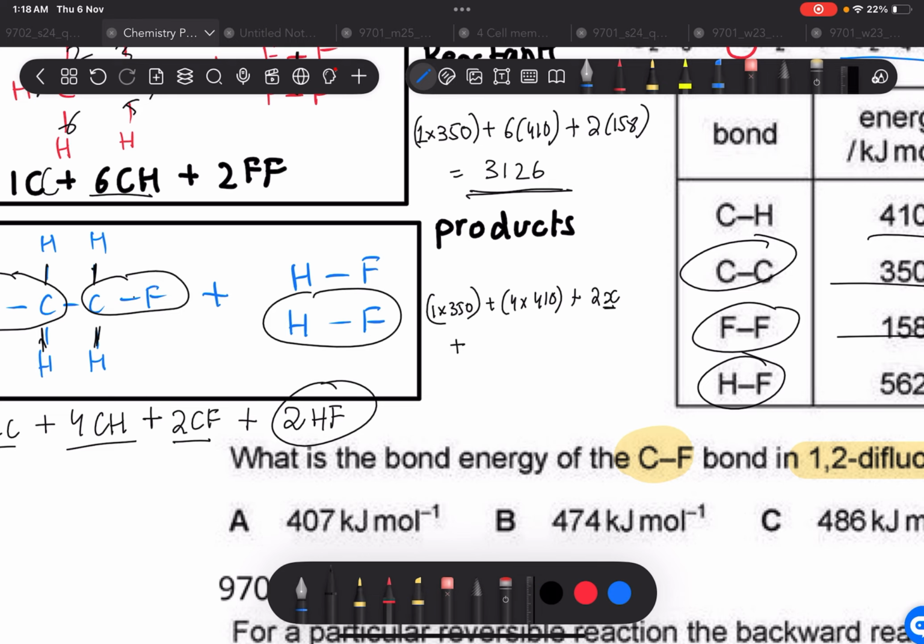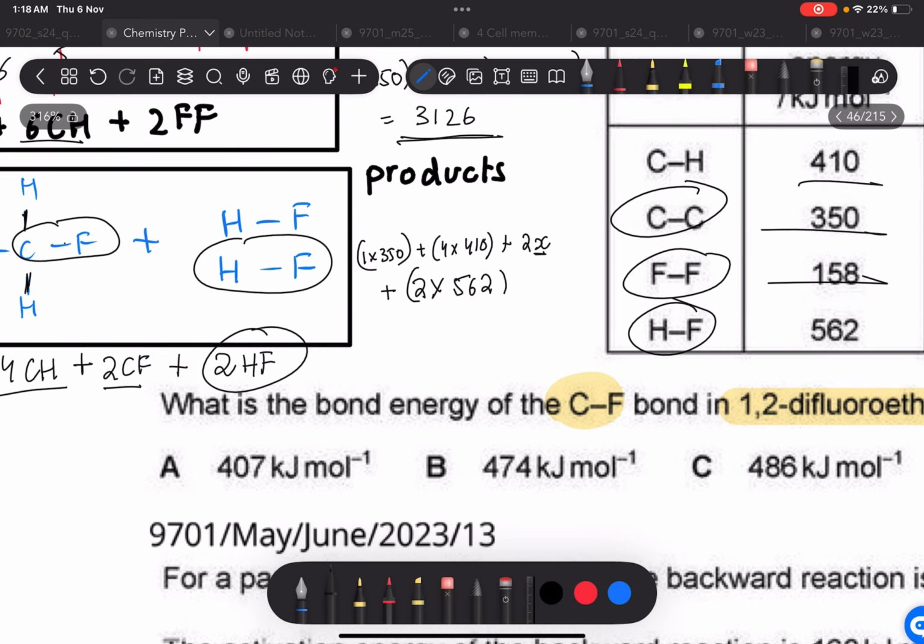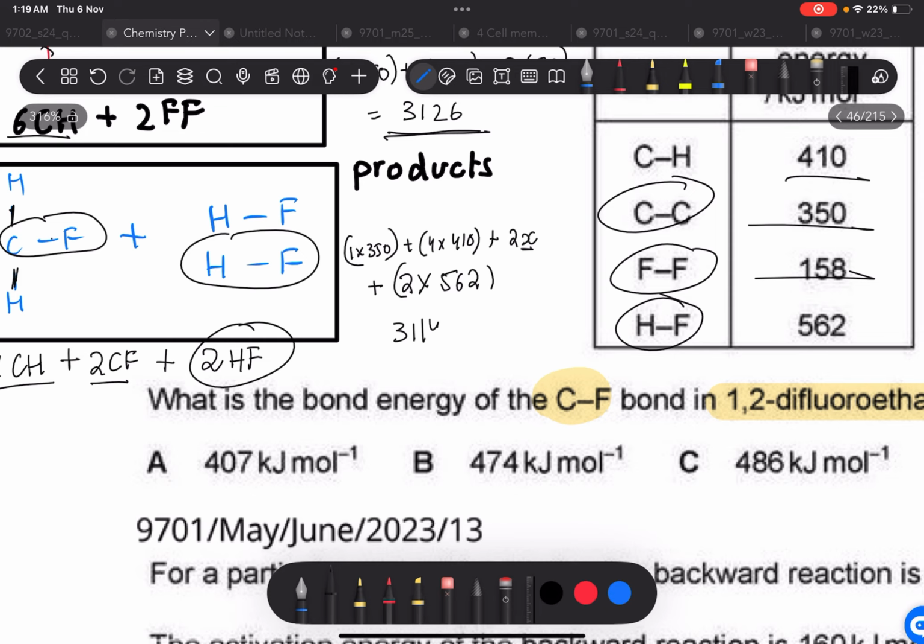And now HF bonds: 2 times HF bonds, which is 562. Now plug all these values into your calculator: 350 plus 4 times 410 plus 2 times 562 gives me 3114 plus 2x.